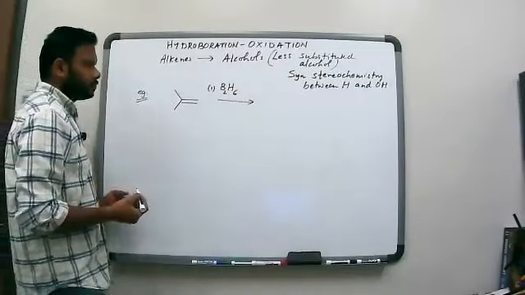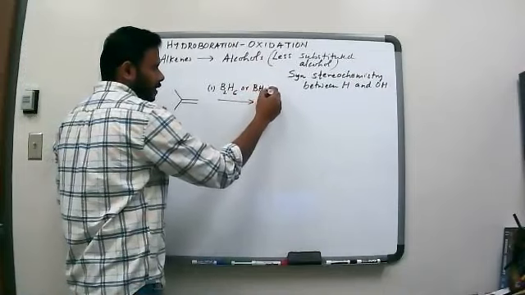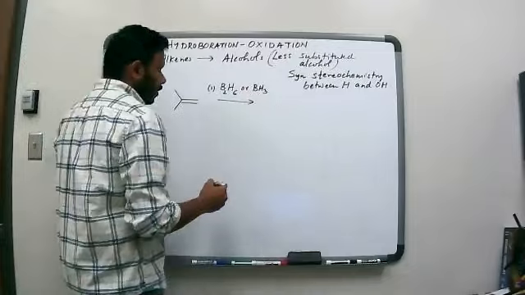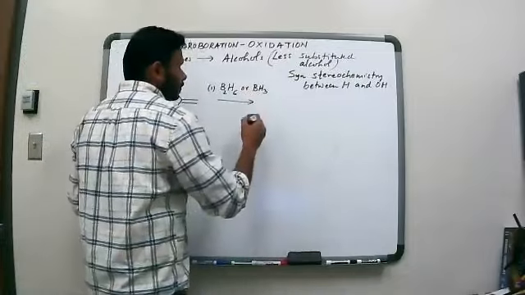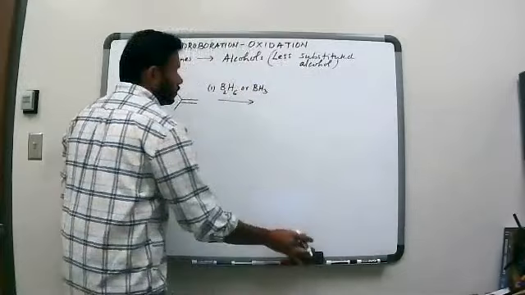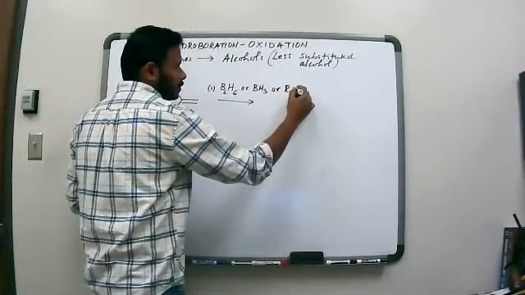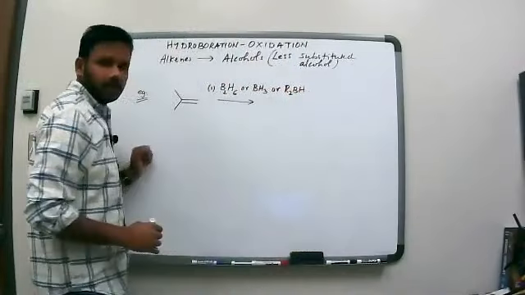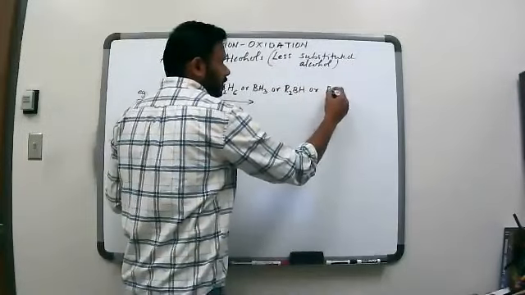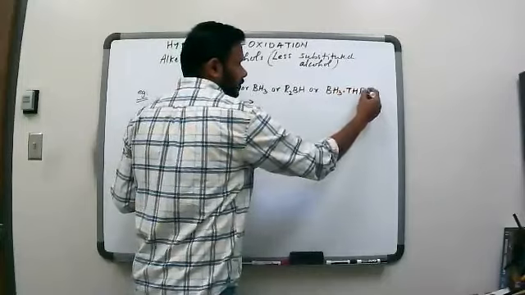Now, you might see BH3 written instead, or you might see R2BH written, or you might see BH3.THF written.